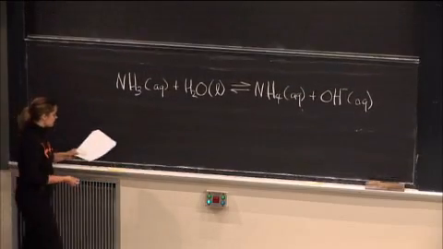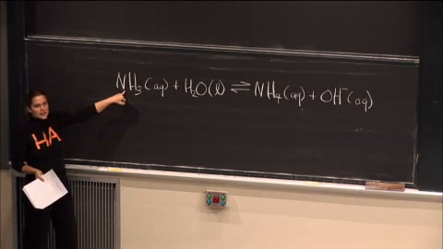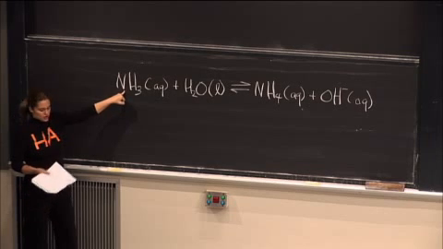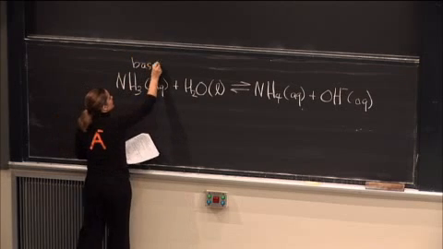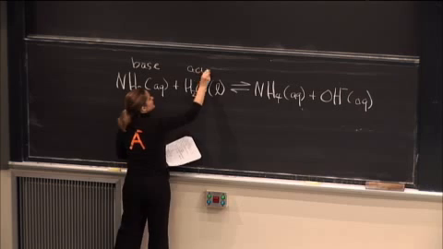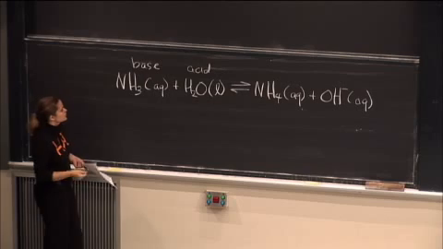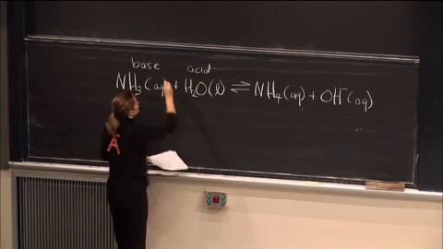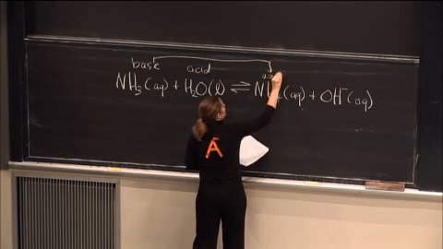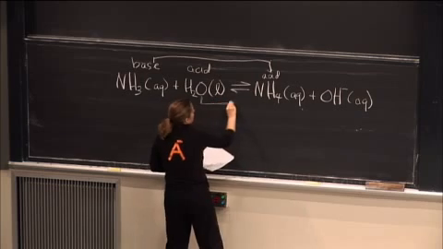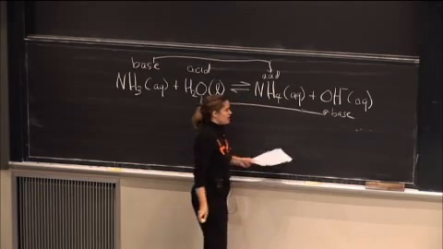First, what is NH3 acting as in this equation, an acid or a base? It's acting as a base, and that means water is acting as an acid. The water gives up a proton or hydrogen ion to the NH3, forming the conjugate acid of that base, and then the conjugate base is the hydroxide ion.